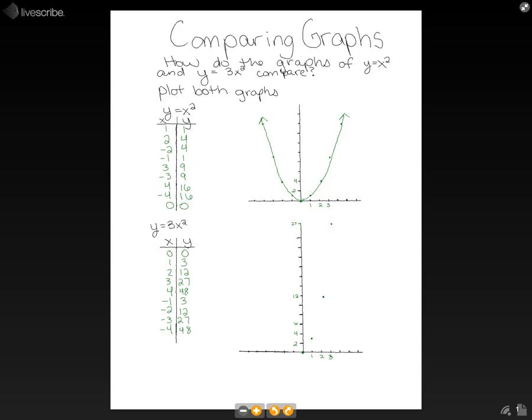So let's go ahead and copy those points to the negative x side of our graph so we can get our full parabola shape. And then we can draw in our line to connect these to make our parabola.